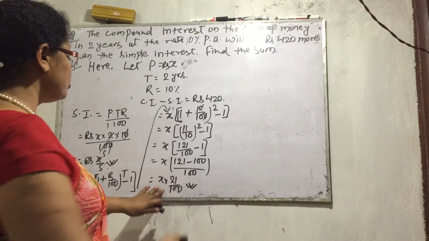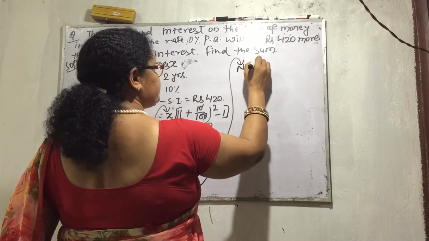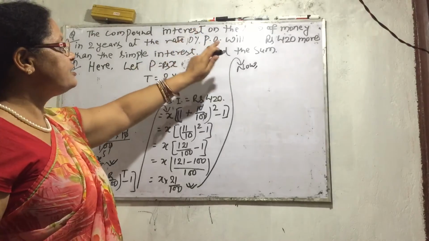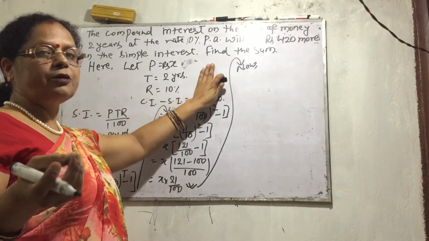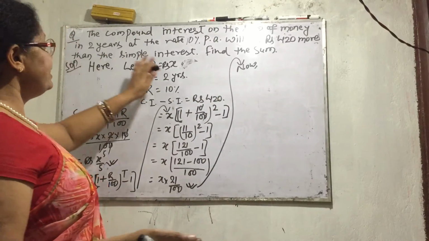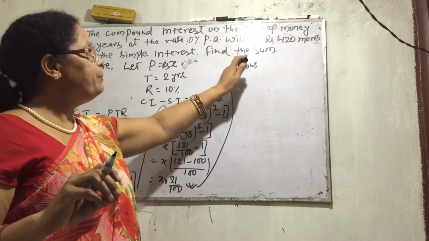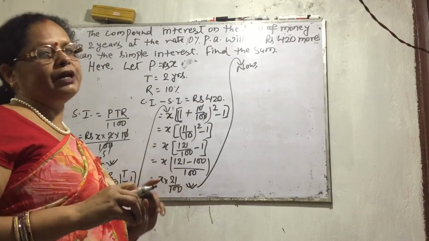After that we have to solve. After this line I am writing here. Now what is saying in question? The compound interest on the certain sum of money in 2 years at the rate of 10% per annum will be rupees 420 more than the simple interest.